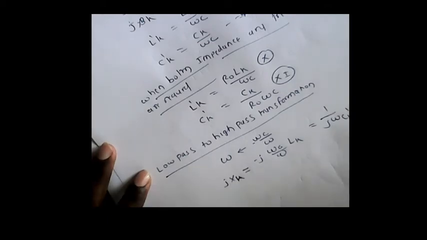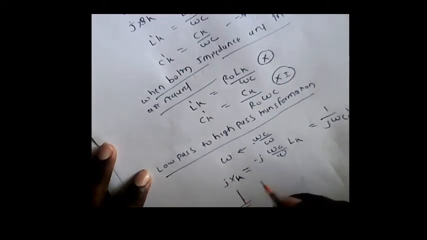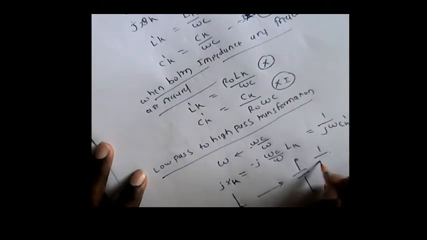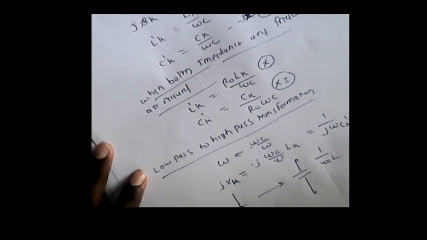So here we can say that when a low pass filter is transformed into a high pass filter, the series inductance is converted into a series capacitance, that is 1 upon omega L. So this is to be converted.